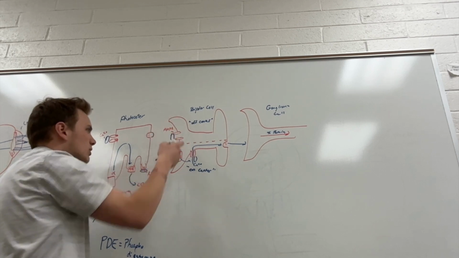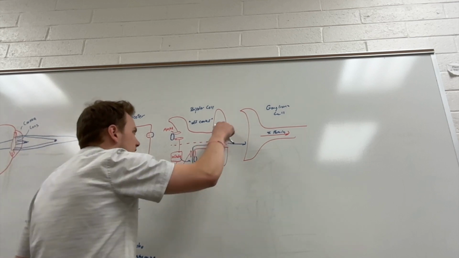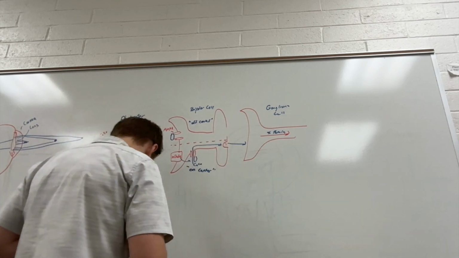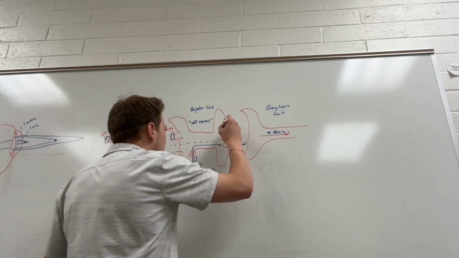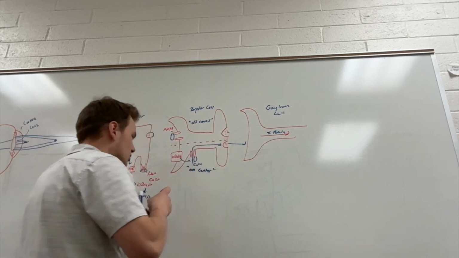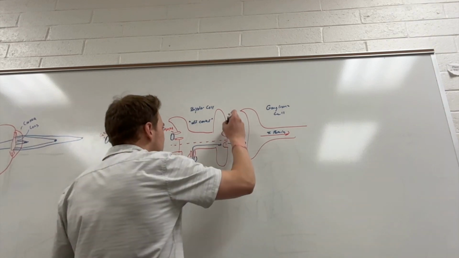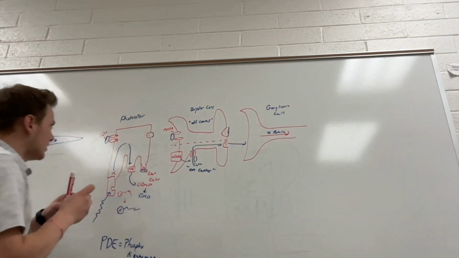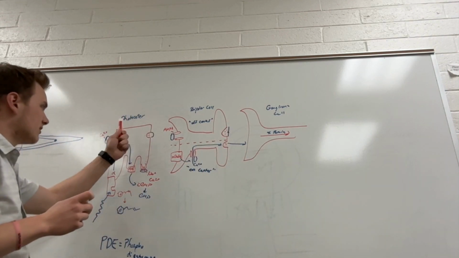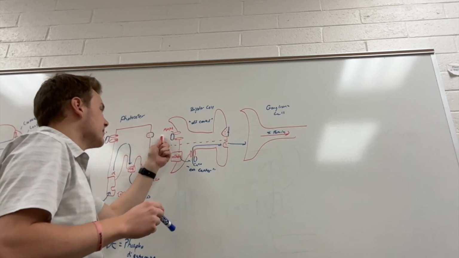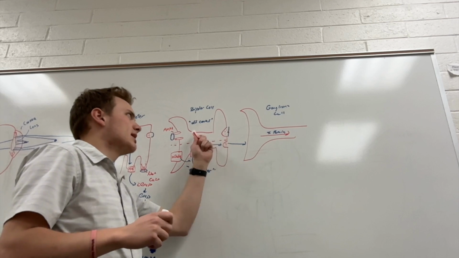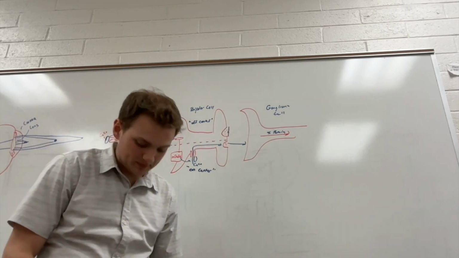So that means no more ions, which means if we had a channel open before, we are actually going to now close that channel. So when we inhibit the photoreceptor from depolarizing, on an off-center we also inhibit an AMPA channel from depolarizing, and therefore we don't get a signal to the brain.